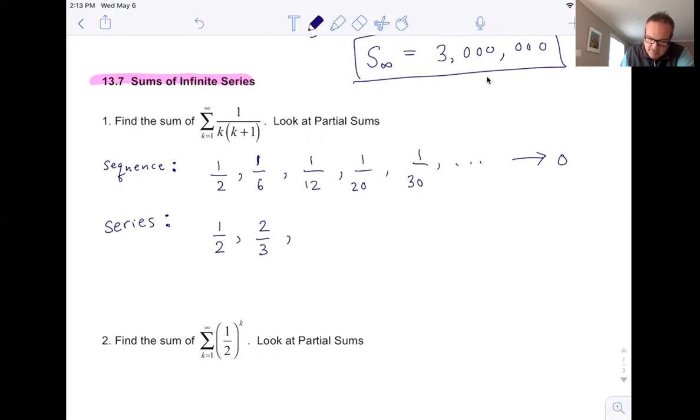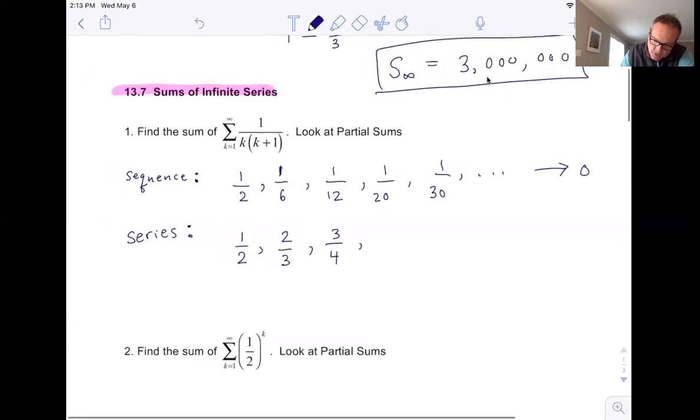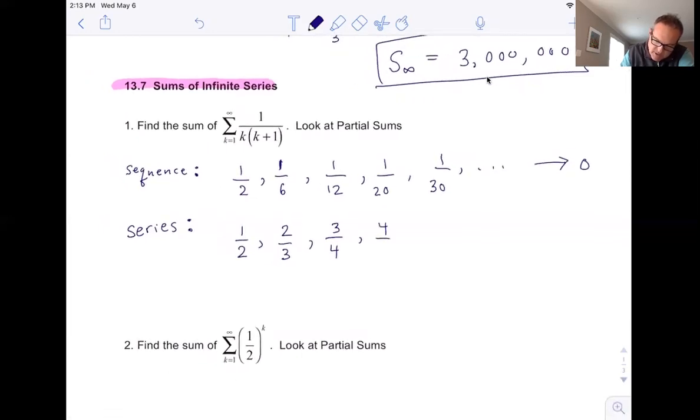If I add up the first 3 terms, 1/2 plus 1/6 plus 1/12, I'm going to get 3/4. And if I take that and I tack on 1/20th, so if I add up the first 4 terms, I'm going to get 4/5. And I think already you're seeing a pattern. The next one here is 5/6, and so on and so forth.